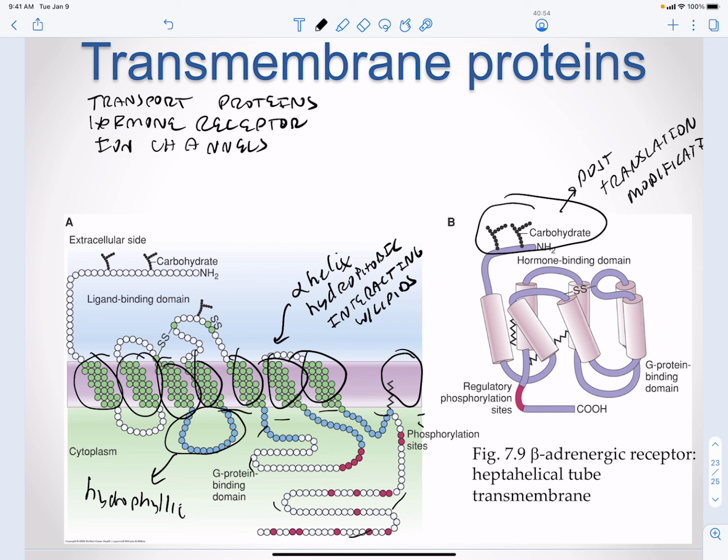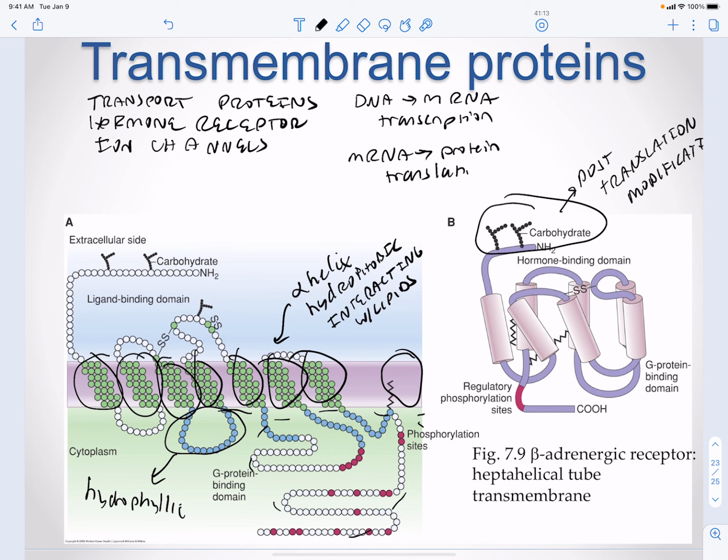And just as a reminder, remember DNA to messenger RNA is transcription. Messenger RNA to protein is translation. So post-translational, so post-protein production modifications.